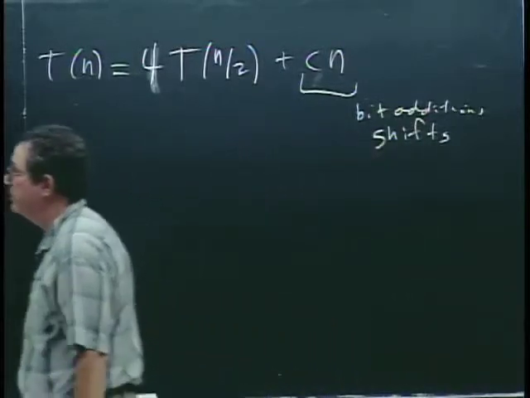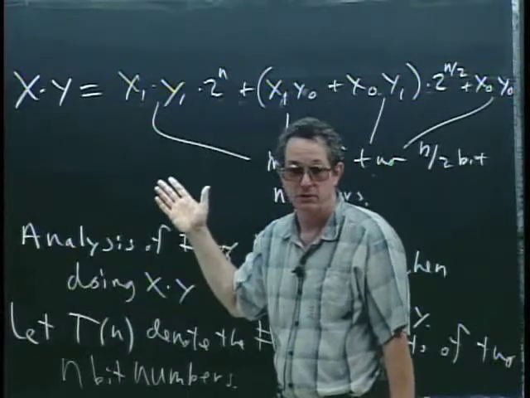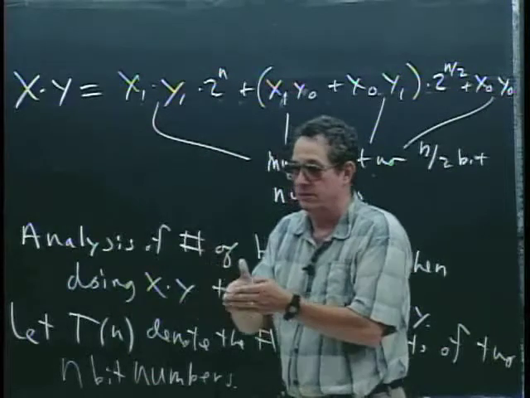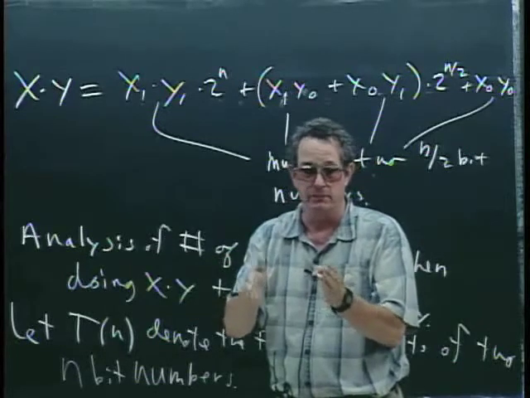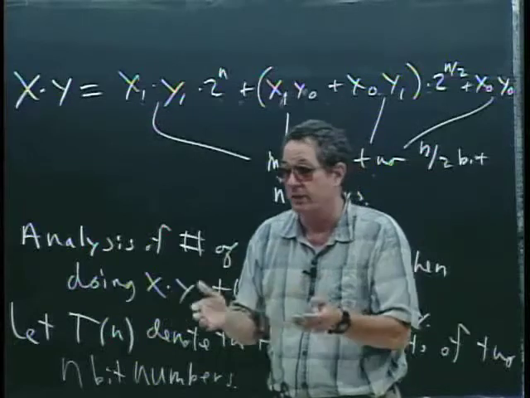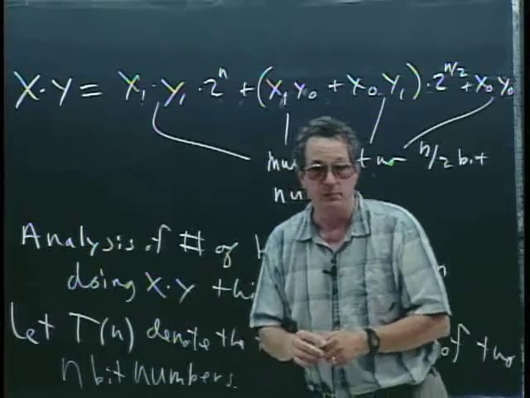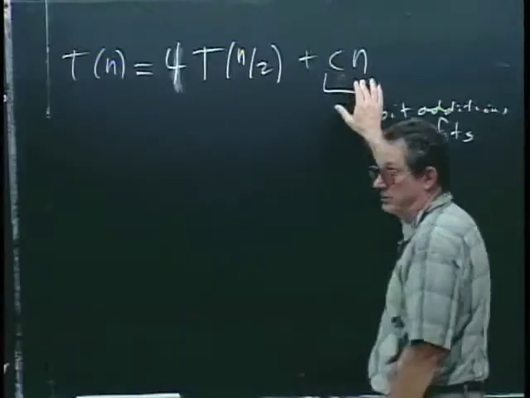Well, you have to divide up x and y into the x1, x0, y1, y0. Somehow you've got an n-bit number, and you've got to grab the most significant n over 2 bits and the least significant n over 2 bits, and that can cost you some time too. But again, the time that takes is going to be proportional to n.